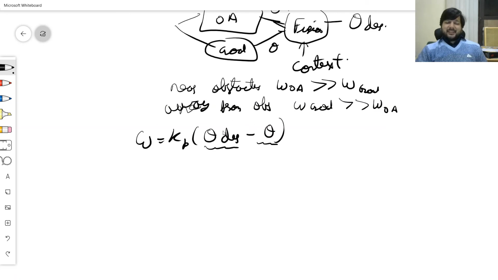If I'm traveling at exactly this angle, then this error becomes 0 and my angular speed is 0, which means keep going straight. My linear speed is, of course, again a constant times the distance from obstacle in front.